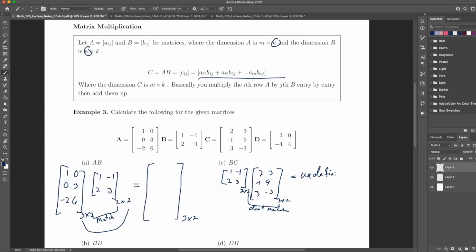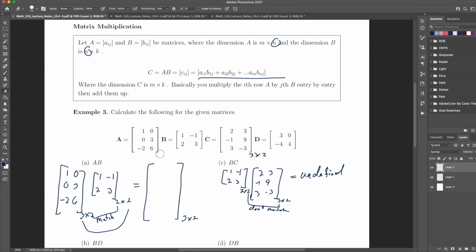Okay, this is undefined. Notice that if we did A times C, this is 3 by 2, this is 3 by 2, this doesn't match, and C times A also doesn't match. So that would also be undefined, even though they're the same size, since the columns don't match the rows.